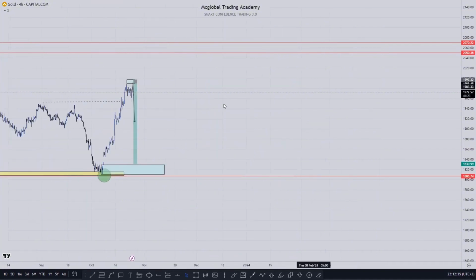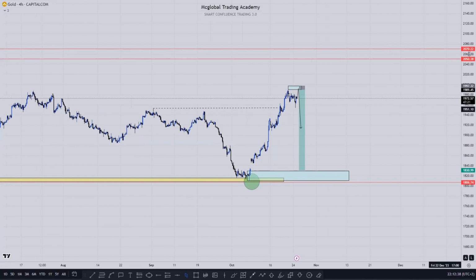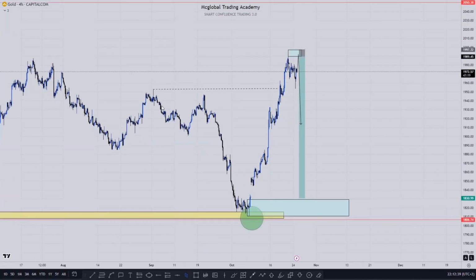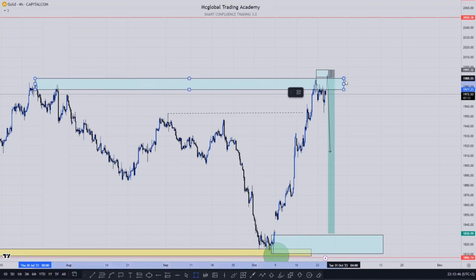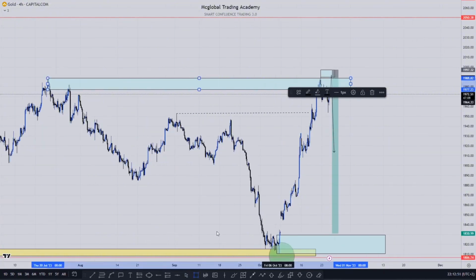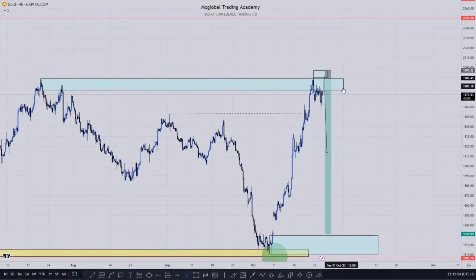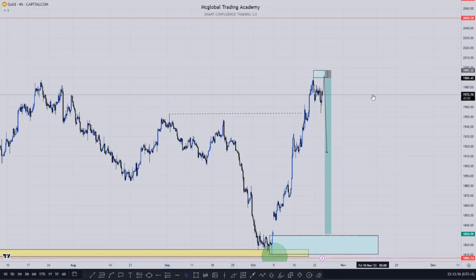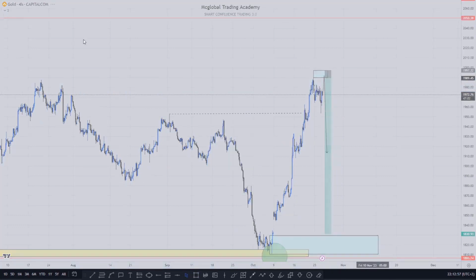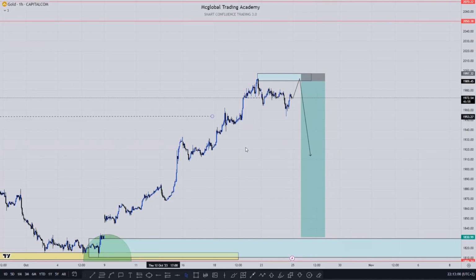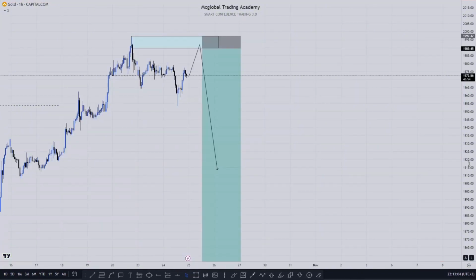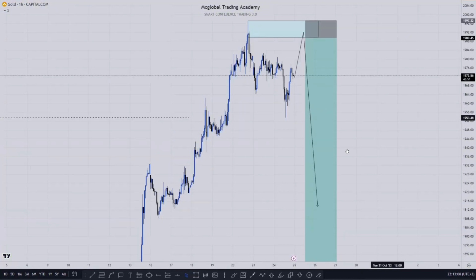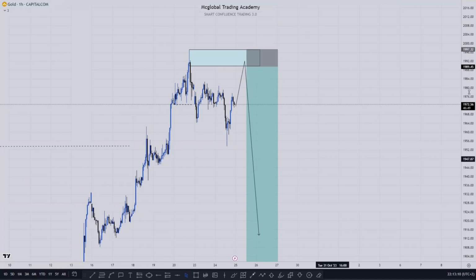Also the good part is that the zone there, let me show you to the left. It's also a supply zone, if you notice. It was a previous supply to the left, right? So it's still going to be respected around our region there. The reason we're anticipating that is because a change of character has happened, and now we anticipate a reversal before a continuation. So this is the gold setup.